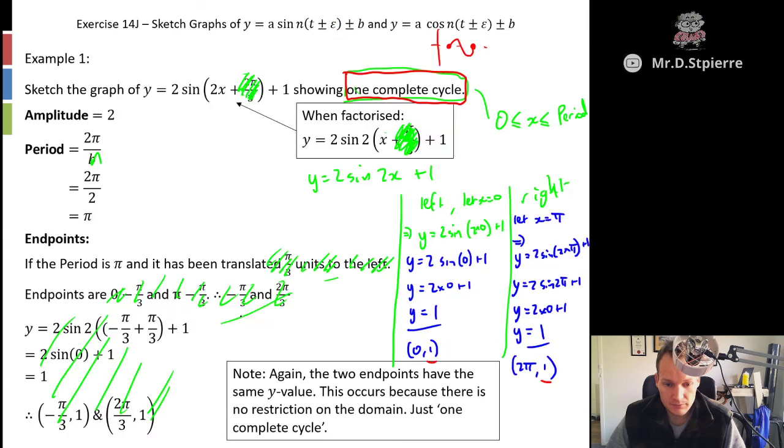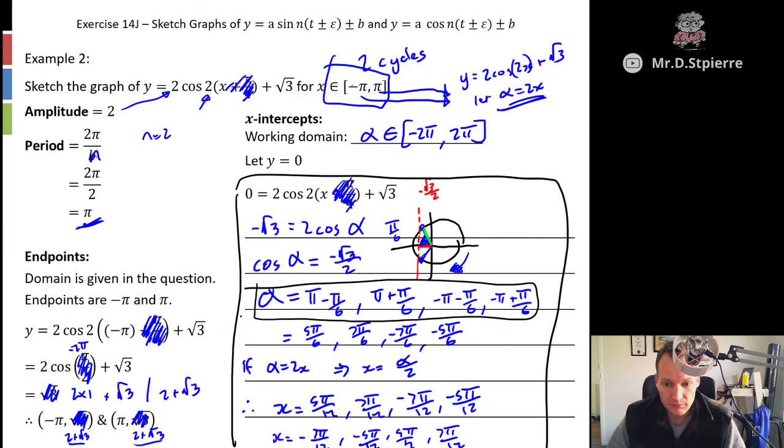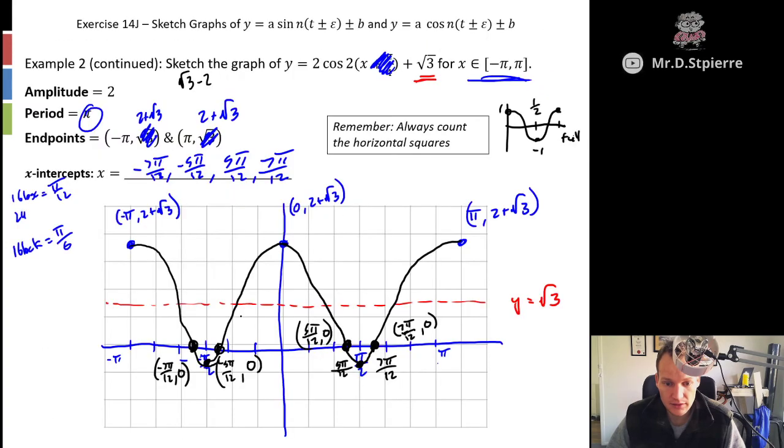And after all of that, you then need to be able to graph by connecting the dots. There's a whole lot in there. It's bringing together all the previous topics: solving equations, circular identities, exact values, symmetry within the unit circle, graphing, and then period and amplitude.